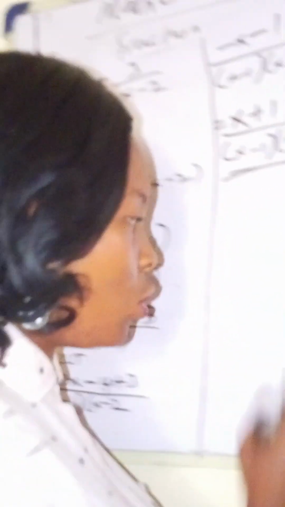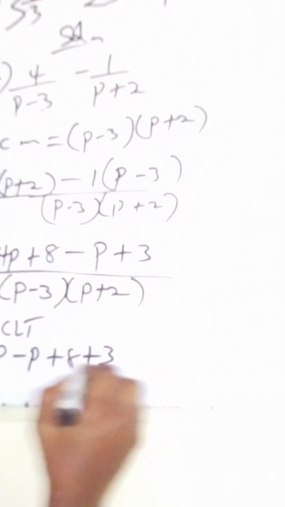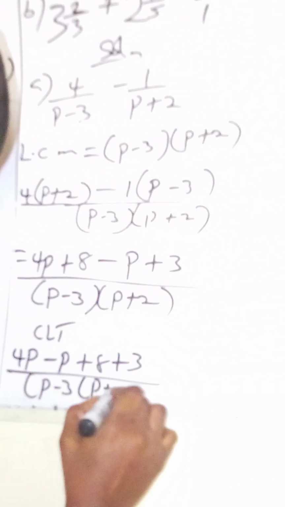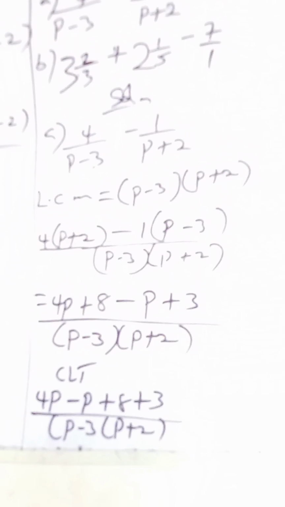So now we are going to collect like terms, bringing together the ones having p, just like what we did in the previous example. So I'm going to write 4p minus p plus 8 plus 3 all over p minus 3, p plus 2.